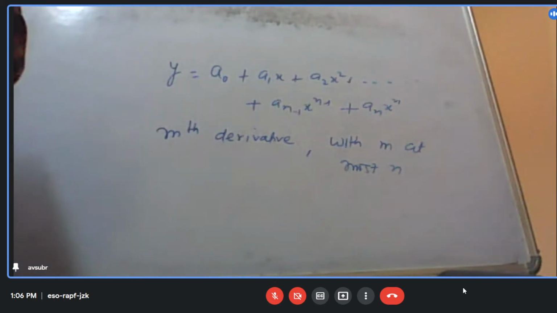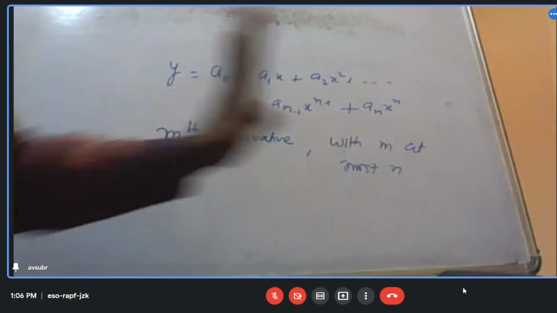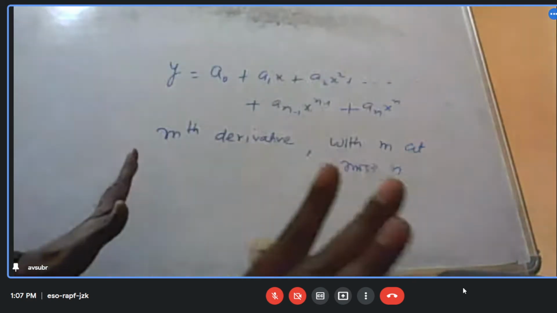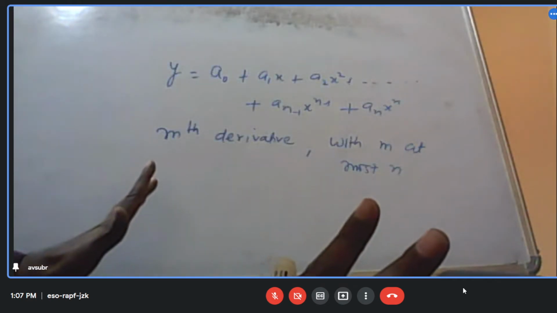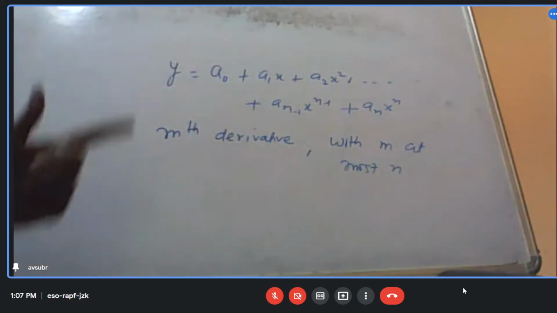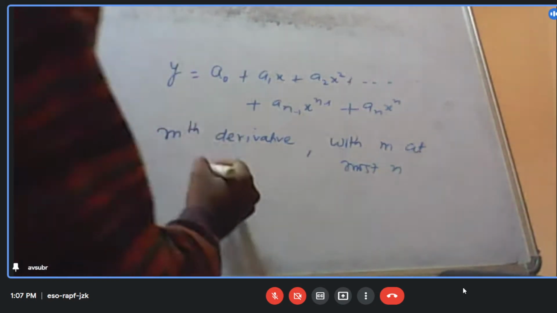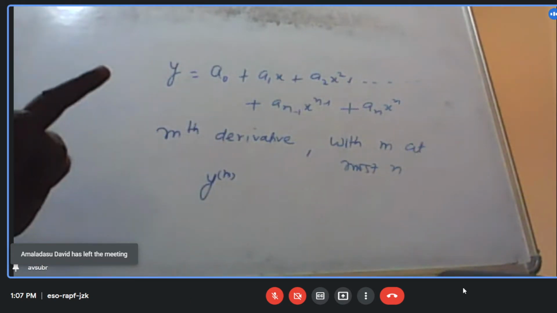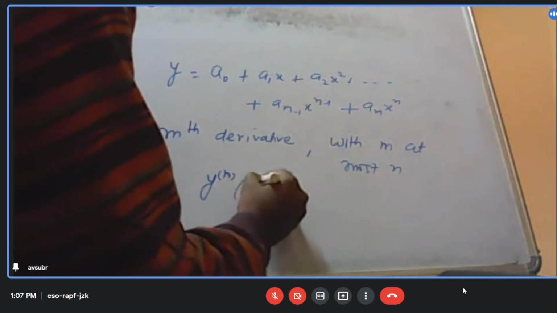So that is the maximum I can find out. So m could be 1, 2, 3, 4, 5, 6 up to n. So if I differentiate it, the mth derivative of y at x equal to 0 will be equal to what?